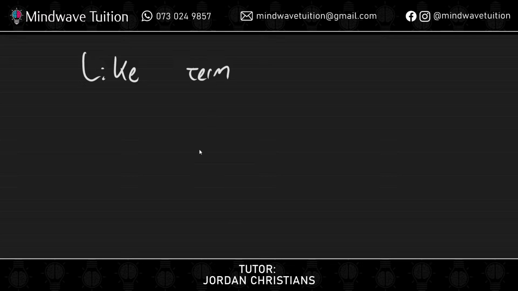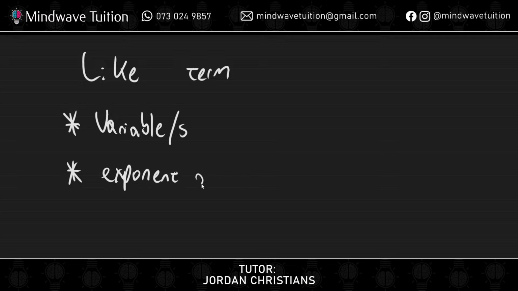How do we know when a term is like? The two things that you have to consider are the variable or variables, so there can be more than one, and the exponent of the variable. Okay, so these are two things you always have to consider when trying to identify if something is like or not.